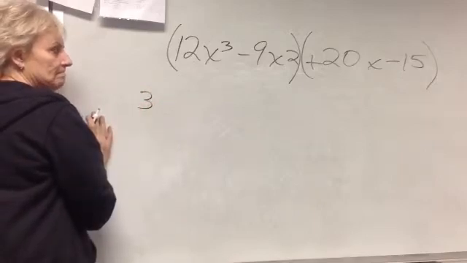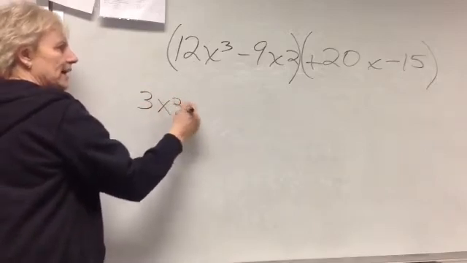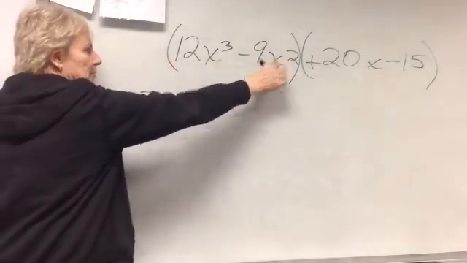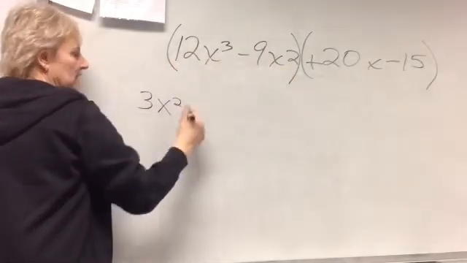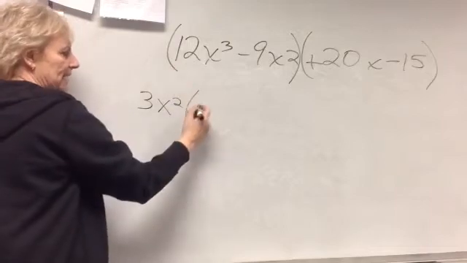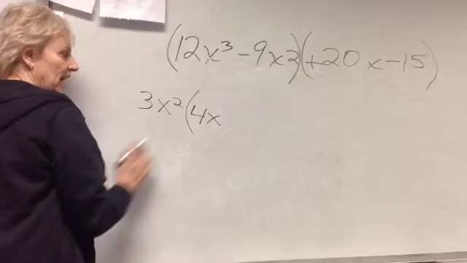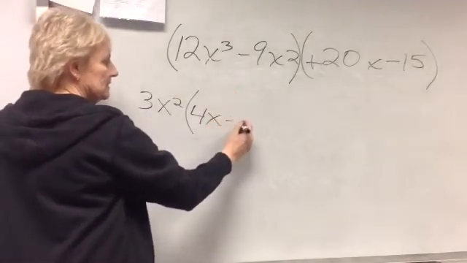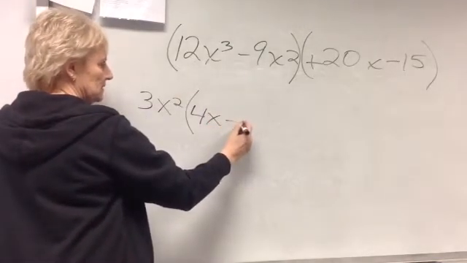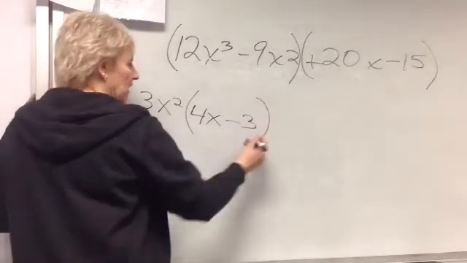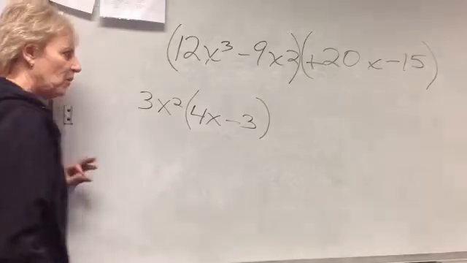3x squared, right? They both can be divided by 3, and they both have an x squared. Times, how do I get that back? 4x. How do I get that back? 3. 4x minus 3, right? Now, I don't know if Miss Kitchen shows this or not, but I'm going to.